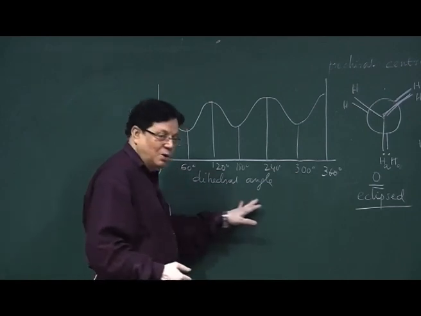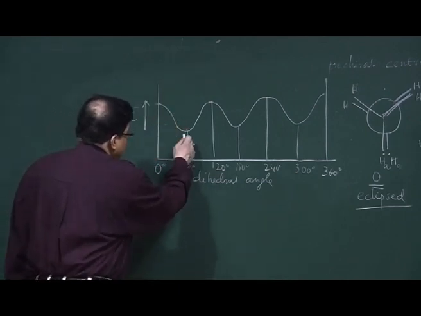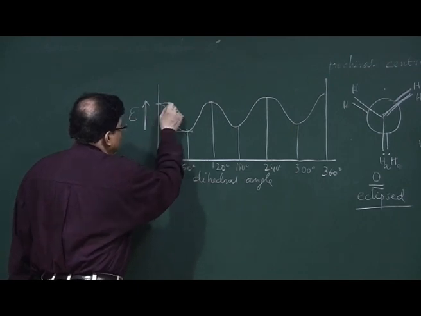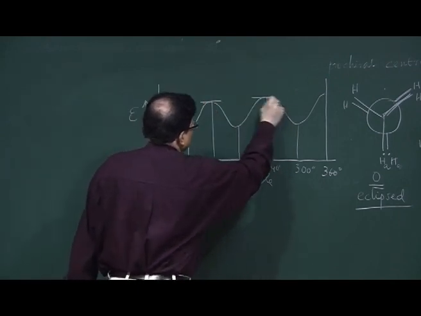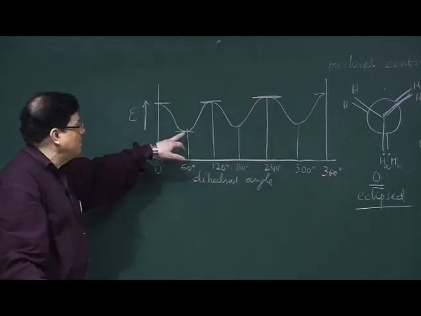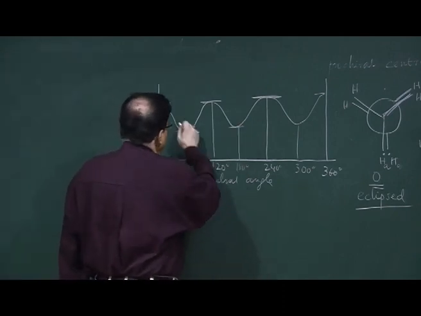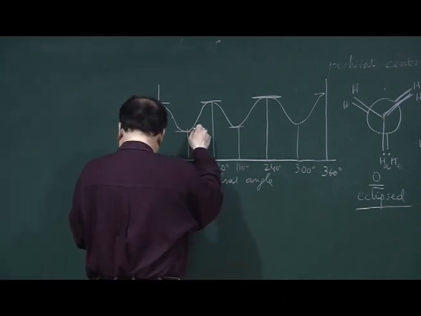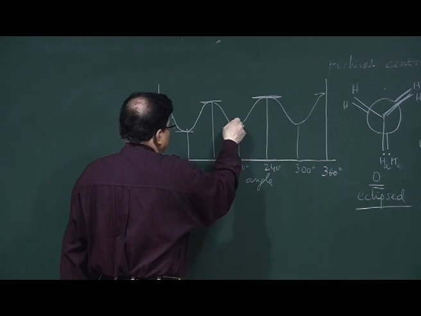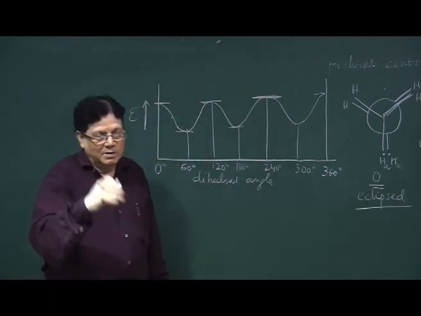So, this is the variation of energy with dihedral angle. By the way, this is also called torsional angle. Okay. Now, you see there is a maxima, so it alternates between a maxima and the minima. These maxima points are the eclipsed form, the minima points are the staggered forms. Every point in this diagram represents a conformation with a particular dihedral angle.